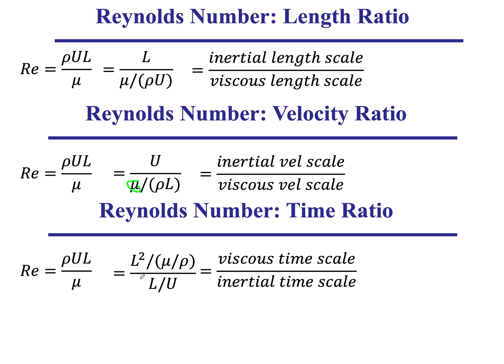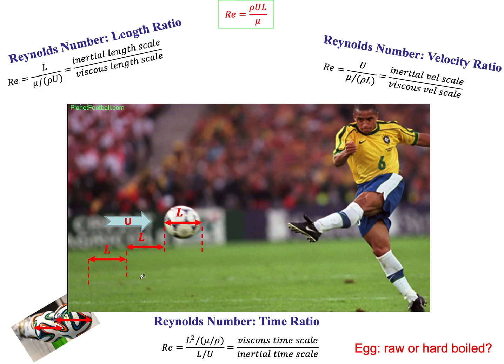And now let's look at what those scales mean. Let's look at the inertial scales. So take a ball in flight. The ball has a dimension, length scale L, which makes sense for it to be the diameter of the ball. And the ball is traveling to the left at a velocity U, so the air that we're considering is moving to the right at the same relative velocity.